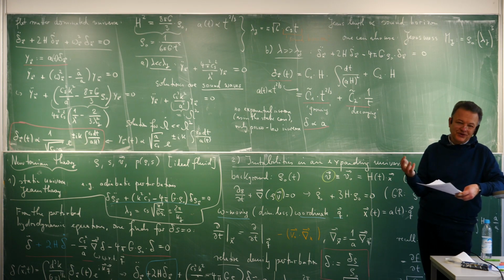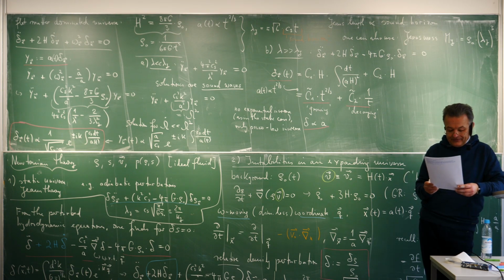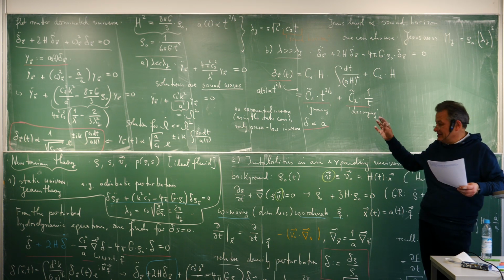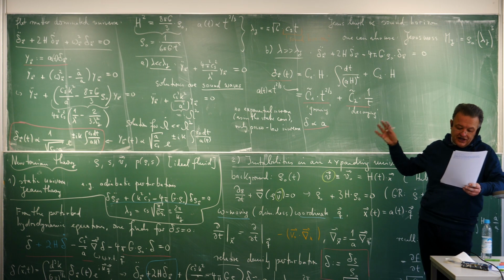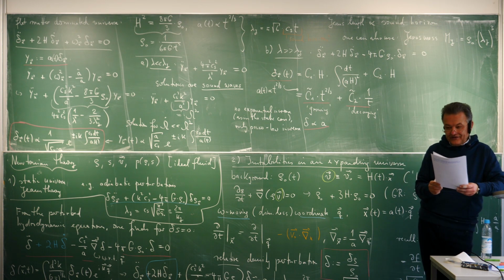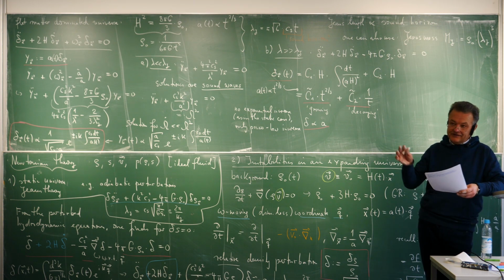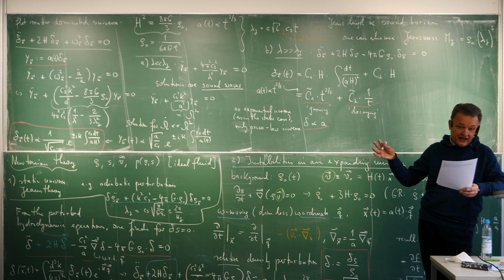Our galaxy is not a small perturbation. Now, this is information from GR and from cosmology: we have the cosmic microwave background, and we have perturbations there of order 10 to the minus 5.